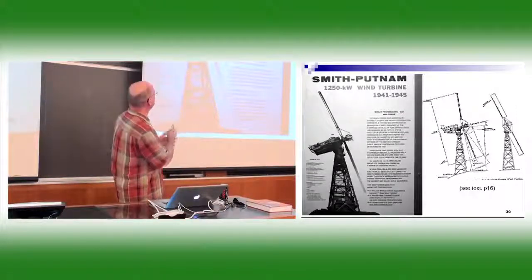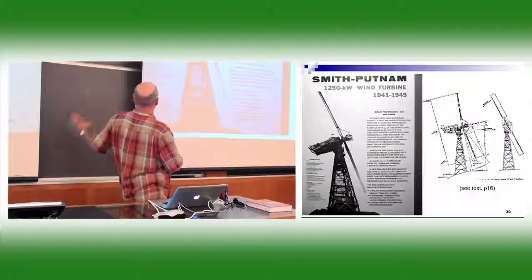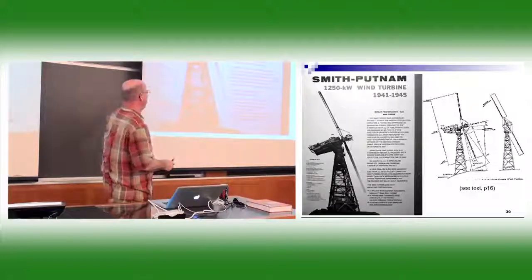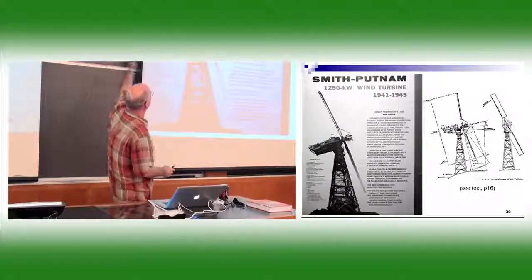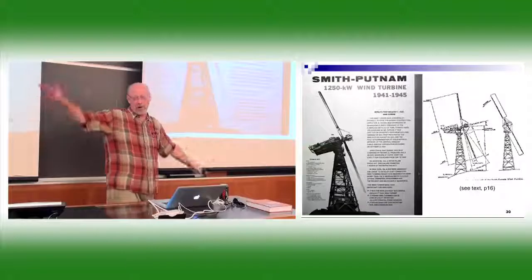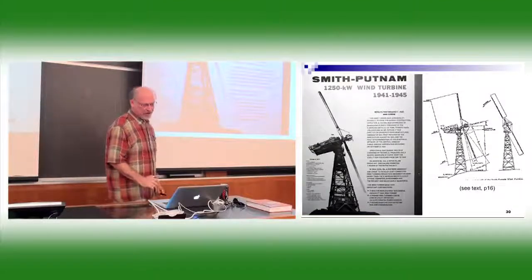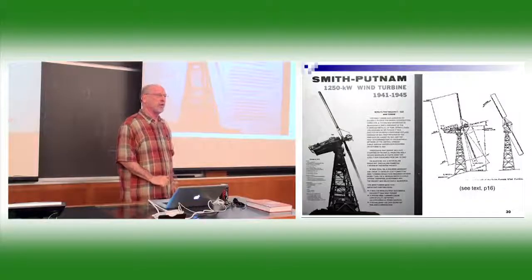It was tilted like this because the wind is coming over this hill. So the wind's coming up from this way. It's a downwind machine, so the wind's coming up over the hill, and the turbine is tilted to catch that. It was a 2-bladed teetering rotor like a lot of helicopter rotors are, and that was the major technology of the time. It was just an incredible thing.